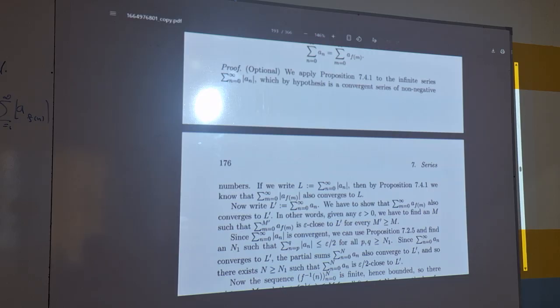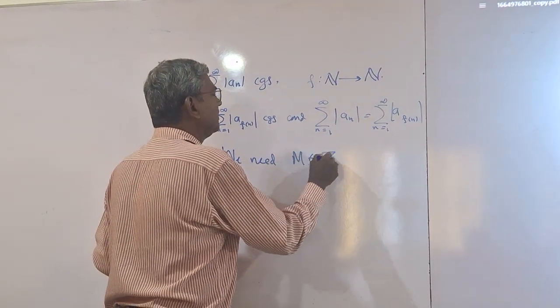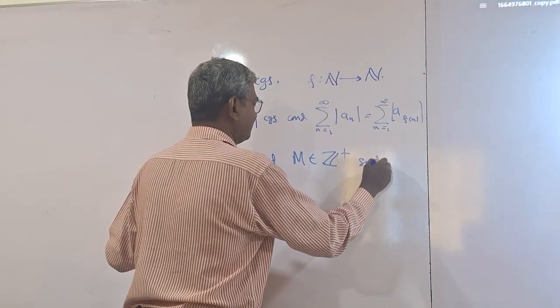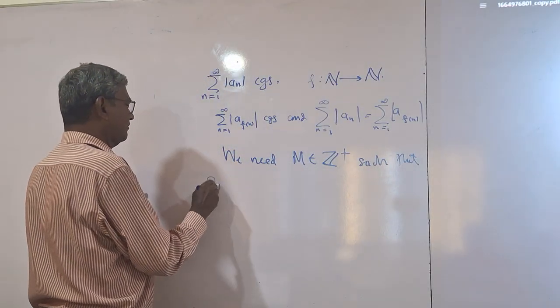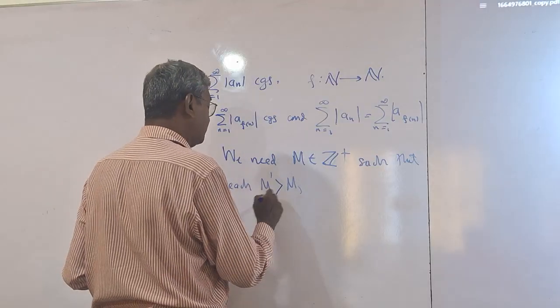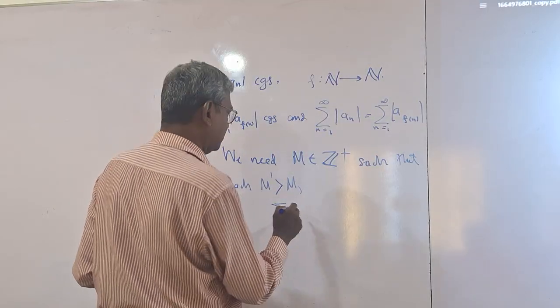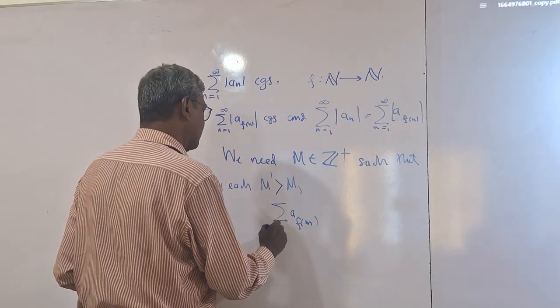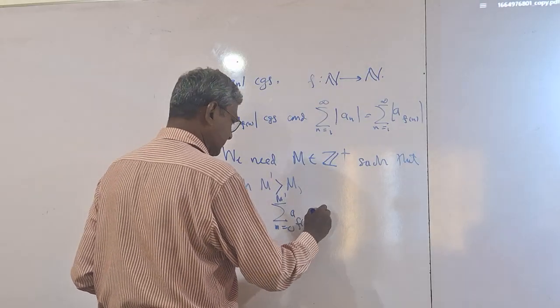So we have to find our analysis problem is to find that capital M. We need a capital M belonging to Z plus such that for each capital M dash greater than or equal to M, we have the sum of a f m, m going 0 to m dash, minus L is small.